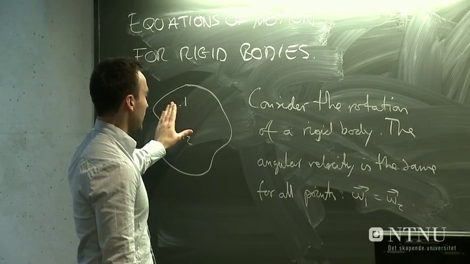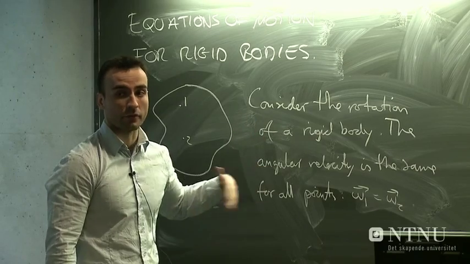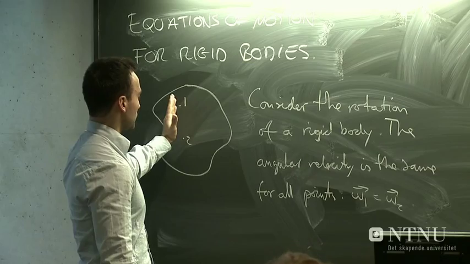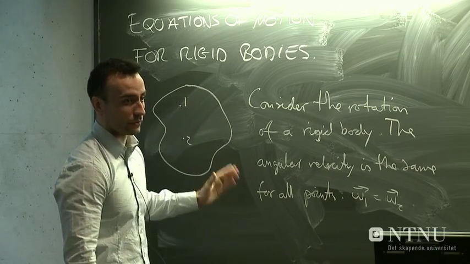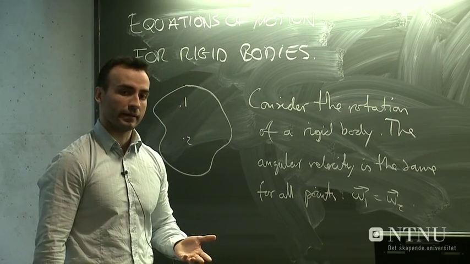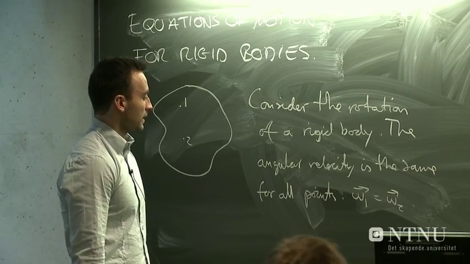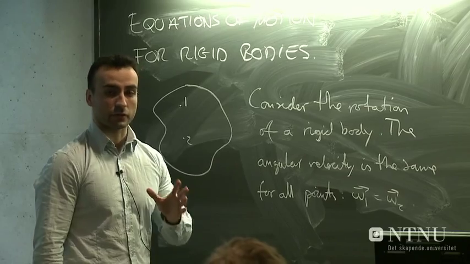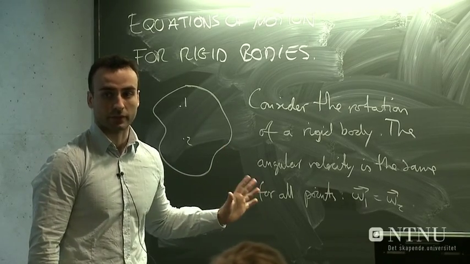That would mean that you would have an actual deformation of the body, right? This point would move faster than this one. It would cover a larger angle than this one. So you would no longer have a rigid body. You would have some plastic body. So it suffices with a single angular velocity vector to characterize this rigid body rotation.